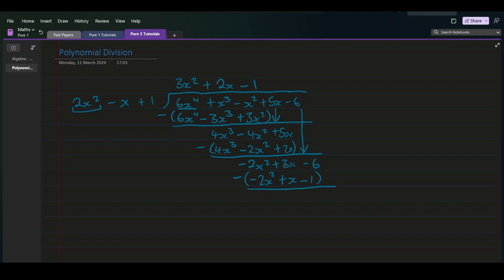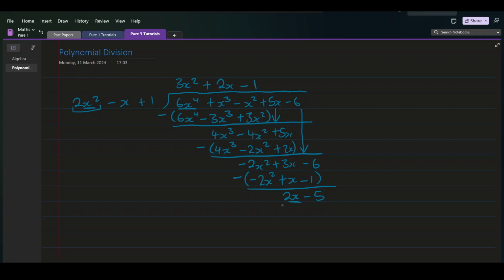And now let's simplify. So negative 2x squared, negative 2x squared, that cancels out. Then 3x minus x gives us 2x. Then minus 6 minus 1, that's minus 6 plus 1, so that's minus 5. Now you notice that the highest power in the divisor is now bigger than the highest power in our dividend.